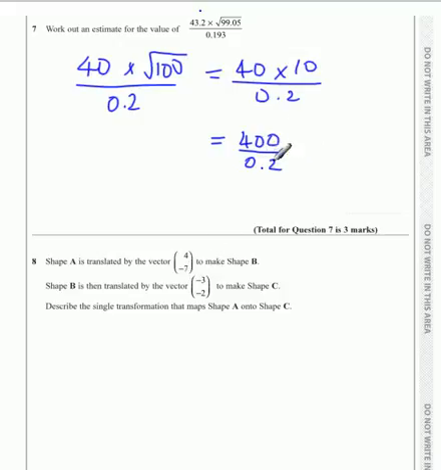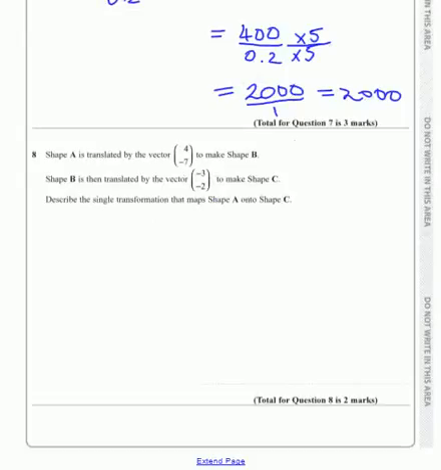So to get 0.2 up to 1, we're going to times that by 5. So if we do the top and bottom times by 5, that will give us our answer. 400 times 5 is 2000. 0.2 times 5 is 1, so it's 2000 over 1, which is just 2000.